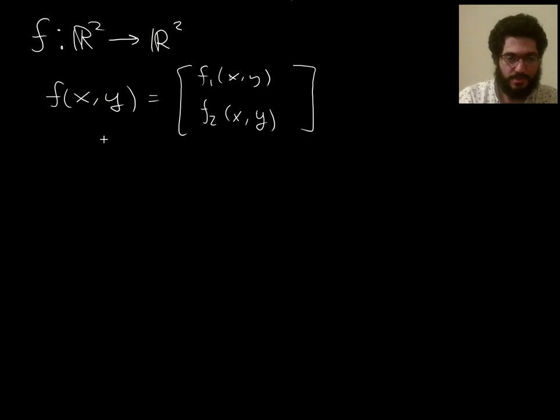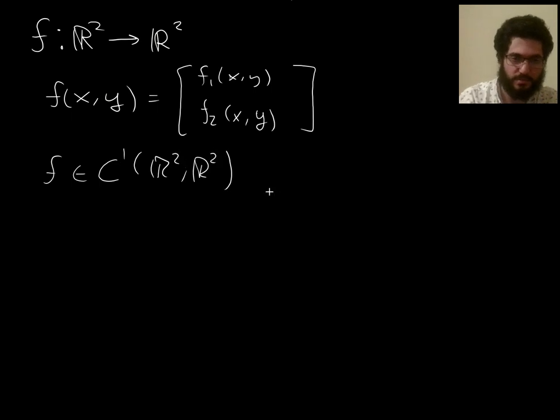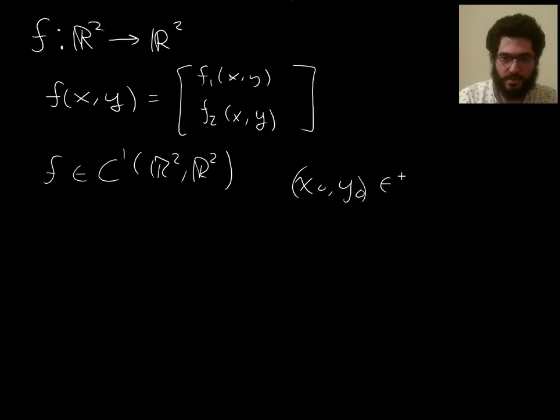And suppose f is a C1 function, continuously differentiable, and suppose you had a particular point, like x naught, y naught, in the domain, which for simplicity I'm just making R2 here. Suppose you had a particular point where f prime at that point, which is going to be a linear map from R2 to R2, is invertible.